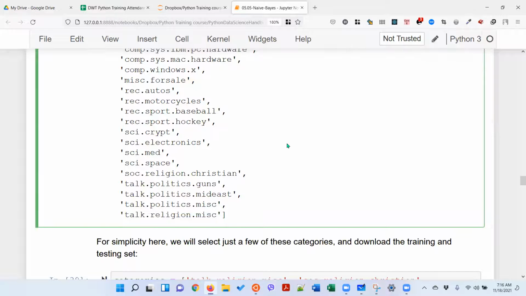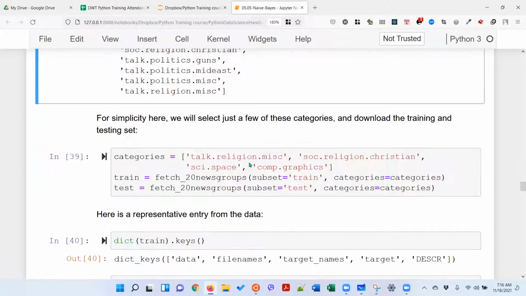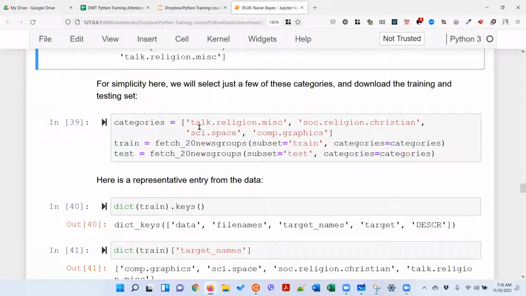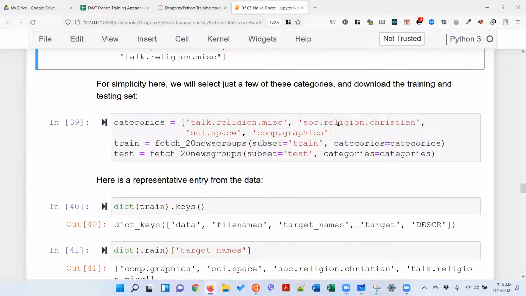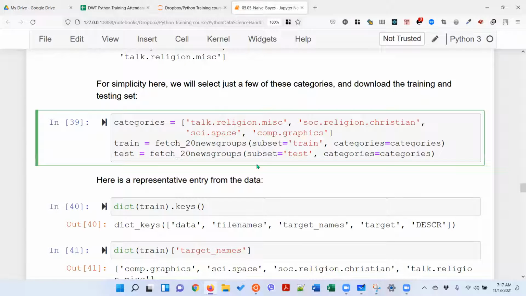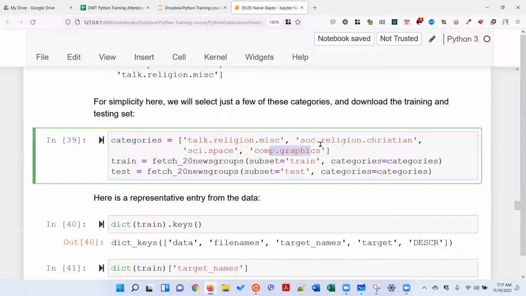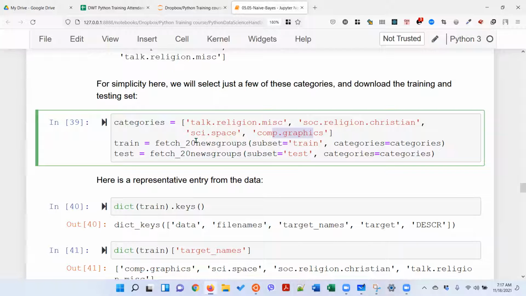We have 20 of them. These are the labels. We don't need all 20 categories, so we'll just take 4 for this example. The categories are talk religion miscellaneous, social religion Christian, science space, and computer graphics.